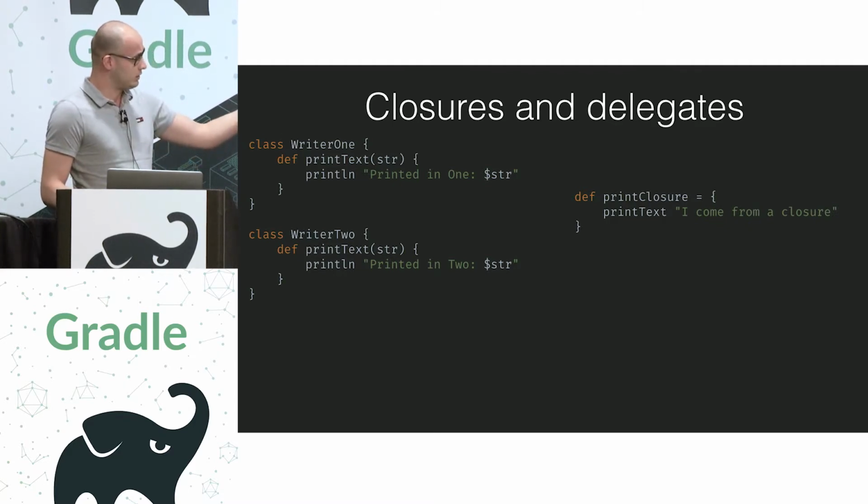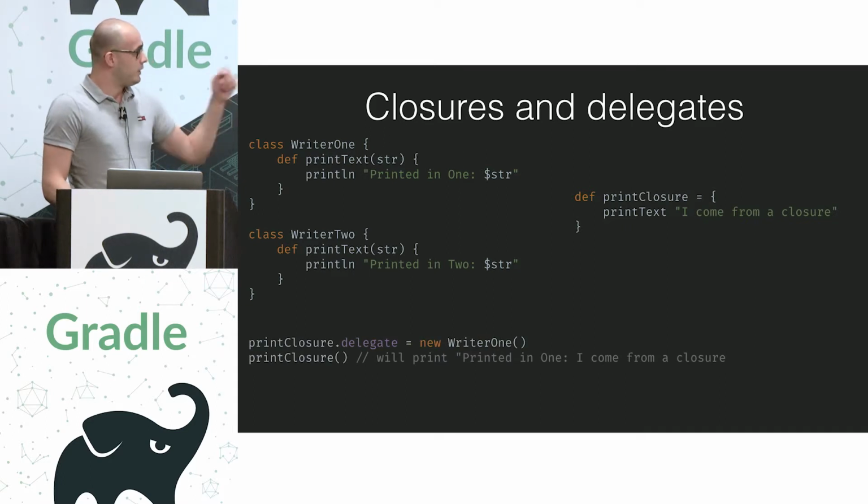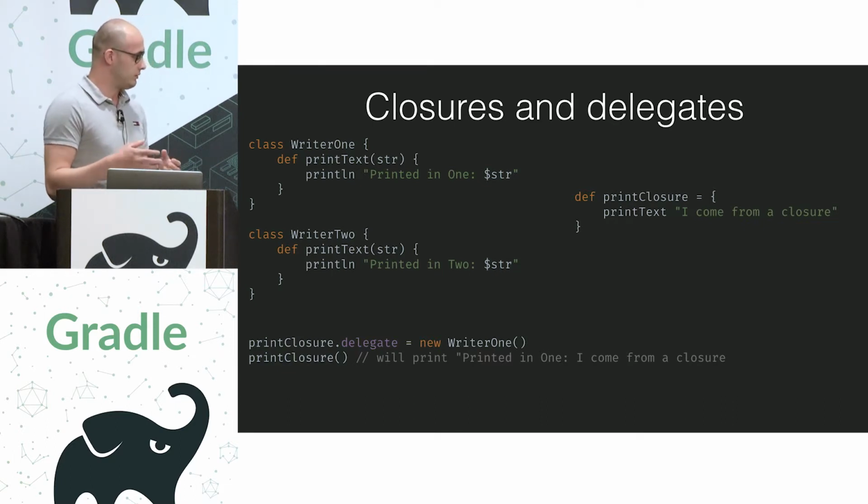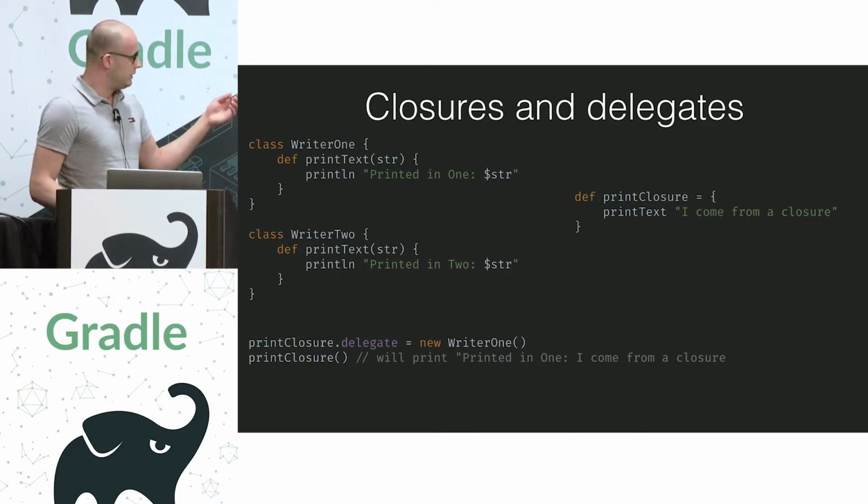If we want to execute this closure, it doesn't know anything about the printText method. Only after we set a delegate for the closure, and the delegate is something that is used by the Groovy language to see on which object a method should be called if it's not declared in the closure. When we set this delegate and execute the closure, it uses the printText from the delegate.